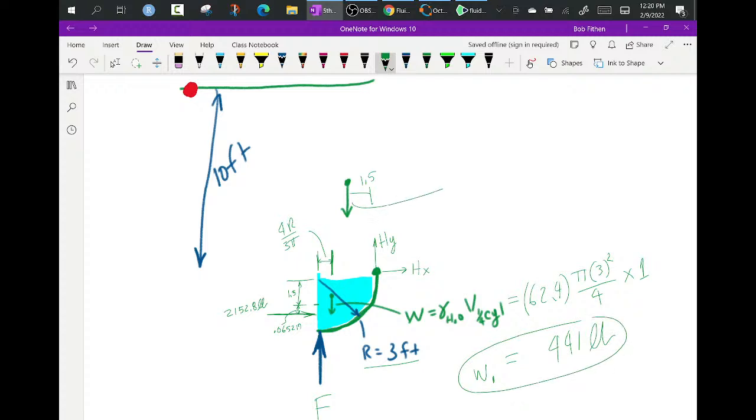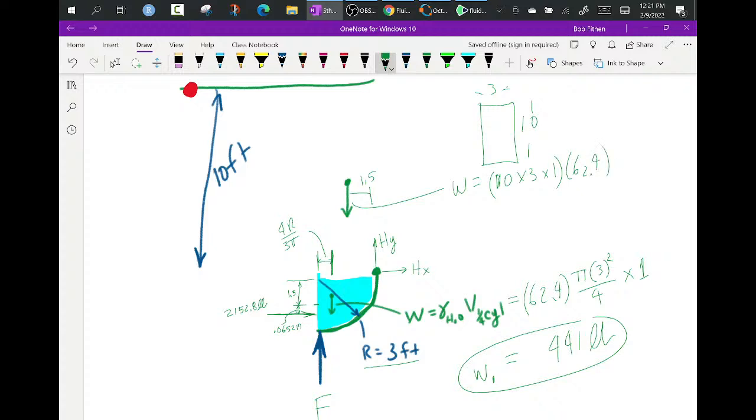The weight here: the object was 10 tall and 3 wide because it sat right on top of this, and this distance right here is the radius. So it's 10 by 3 by 1 into the board, times 62.4.